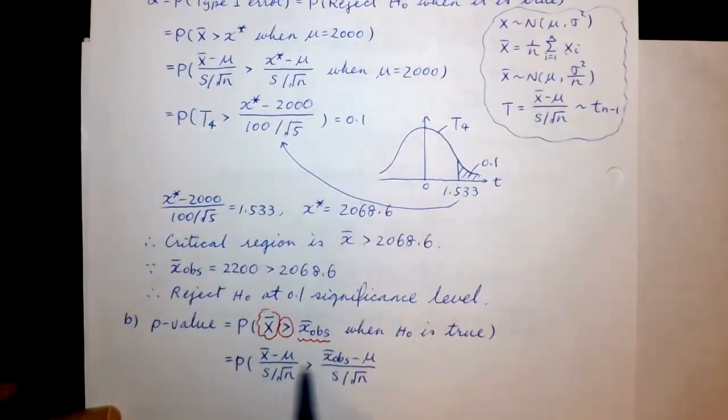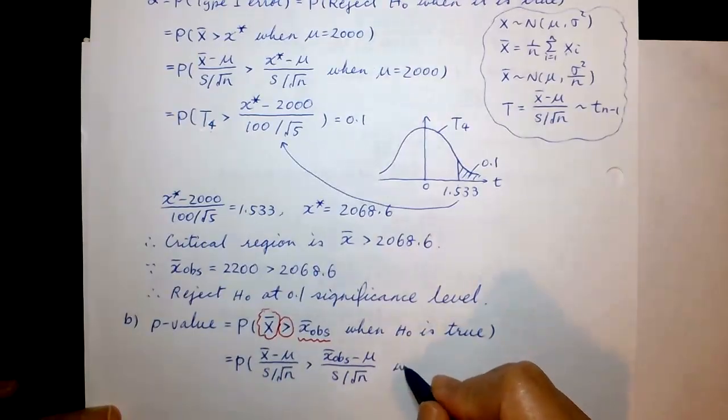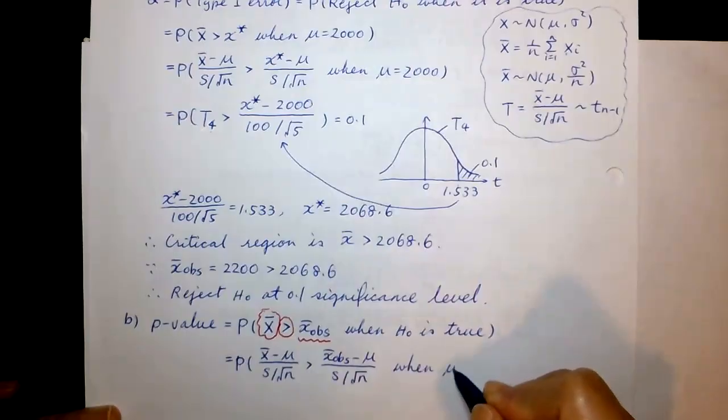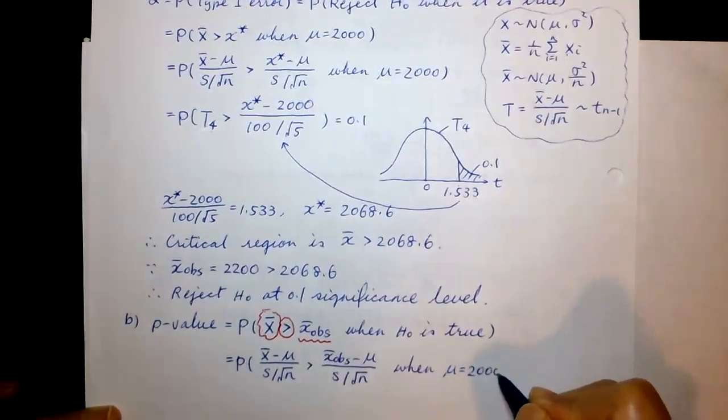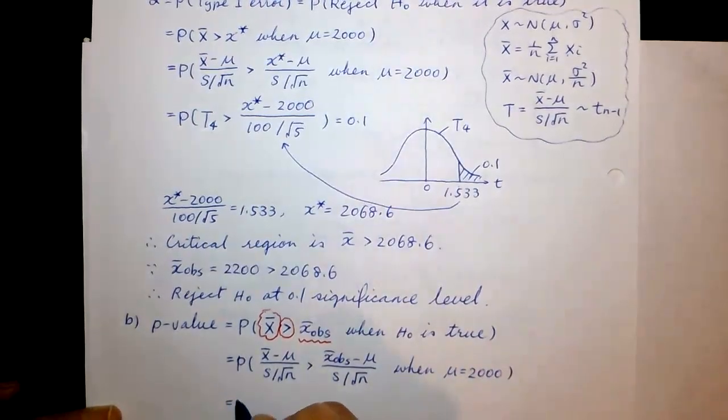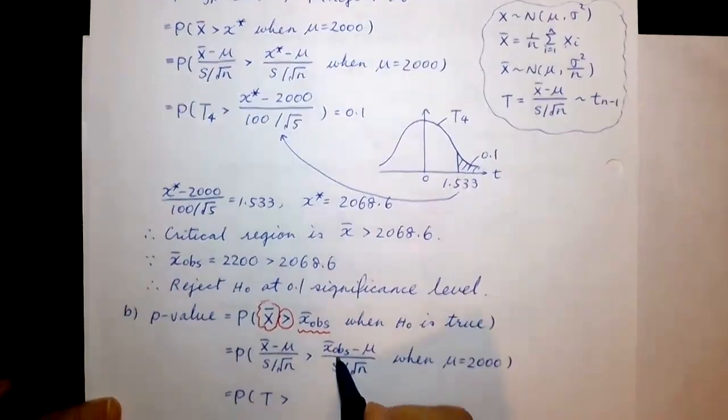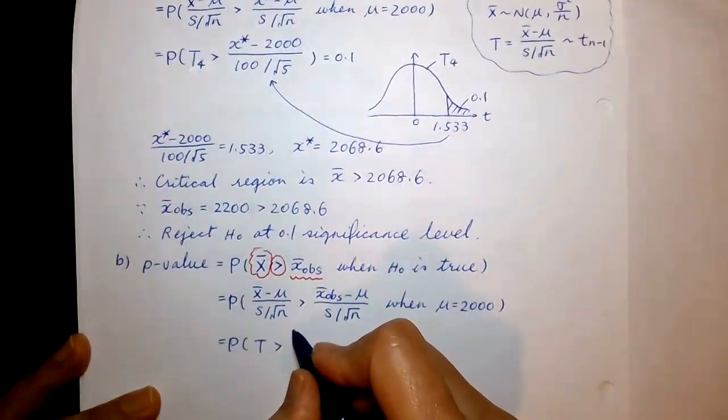For this step, I only did this transformation in order to show T in the next step. When H naught is true, mu is 2000. Now I see the T. On the other side, X bar observed is given.